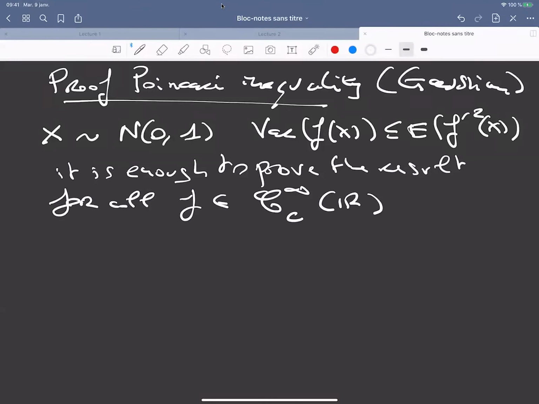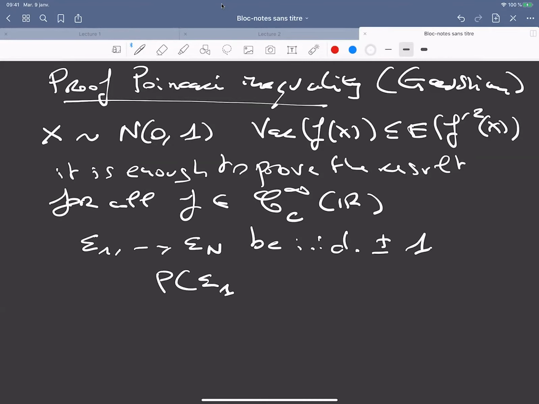And then you consider some random signs, epsilon 1, ..., epsilon n, which are independent and identically distributed. And the probability that epsilon 1 is equal to 1 is equal to the probability that epsilon 1 is equal to minus 1, which is 1/2.